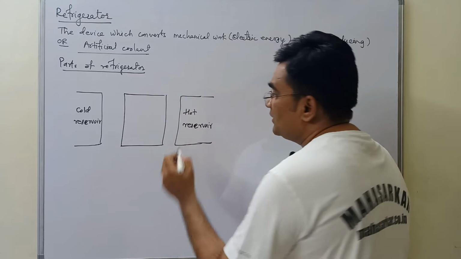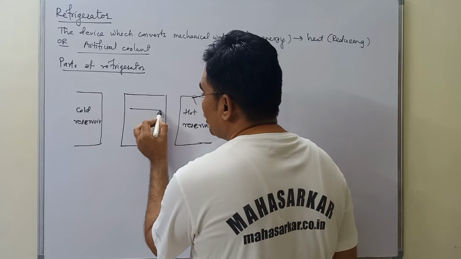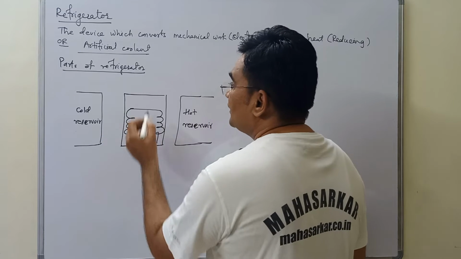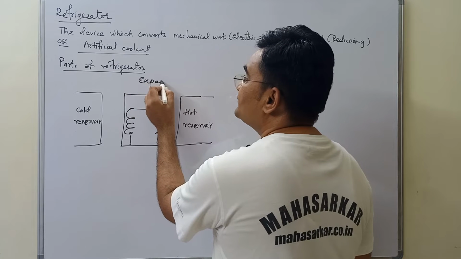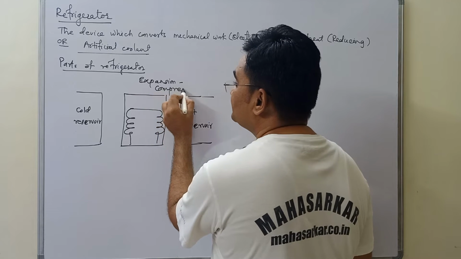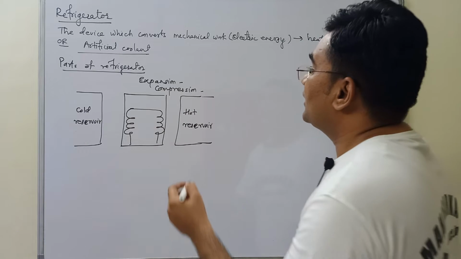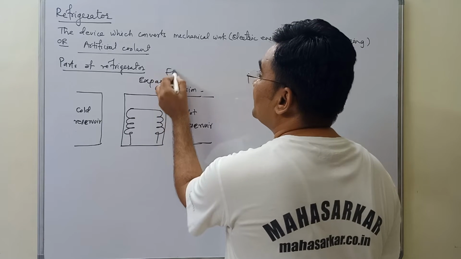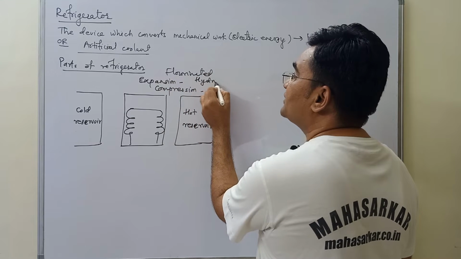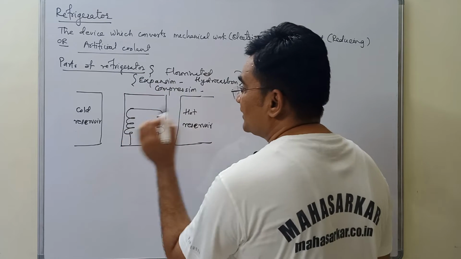This second part has some coils in which expansion is there, then compression is also there, and some refrigerant is there. Materials like fluorinated hydrocarbon are combinedly working here in this second part.